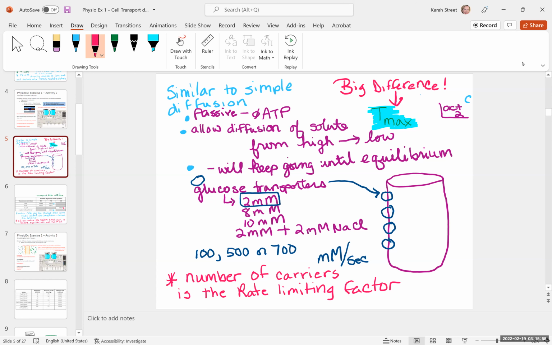So this physical interaction means it will come down to the number of carriers. As we increase the number of glucose transporters, we built a membrane, of course, with these, the rate of transport increased. Let's look at that data.